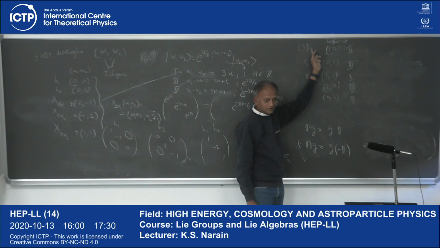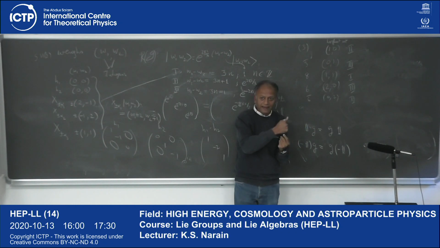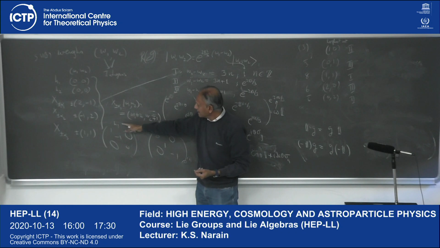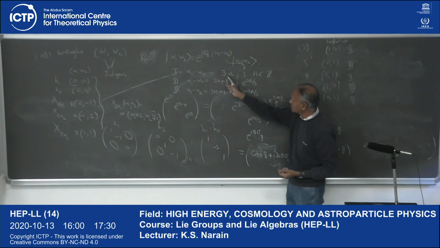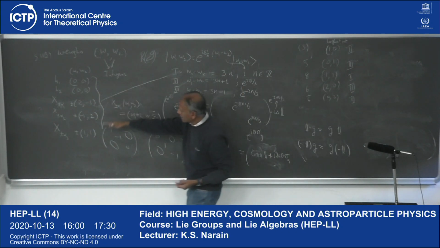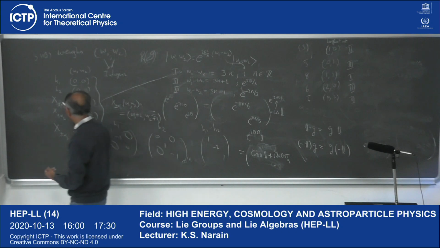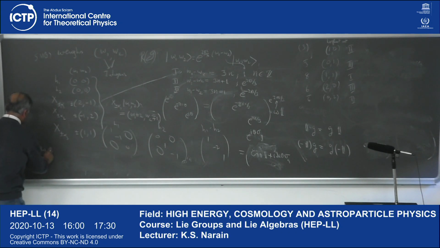There are other weights also. There are 3 states. But those 3 states were obtained by applying the lowering operators, and the lowering operator is not going to change the class. The lowering operator is always in the first class, which means W1 minus W2 is always 3 times some integer, for all these roots.